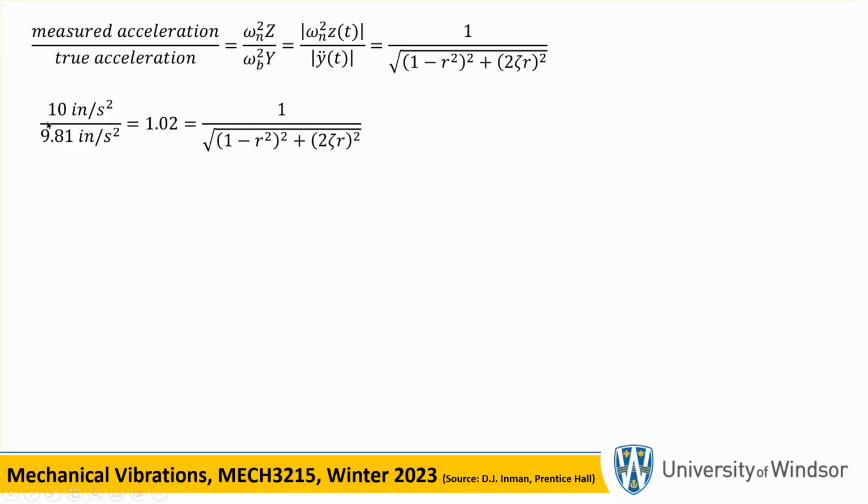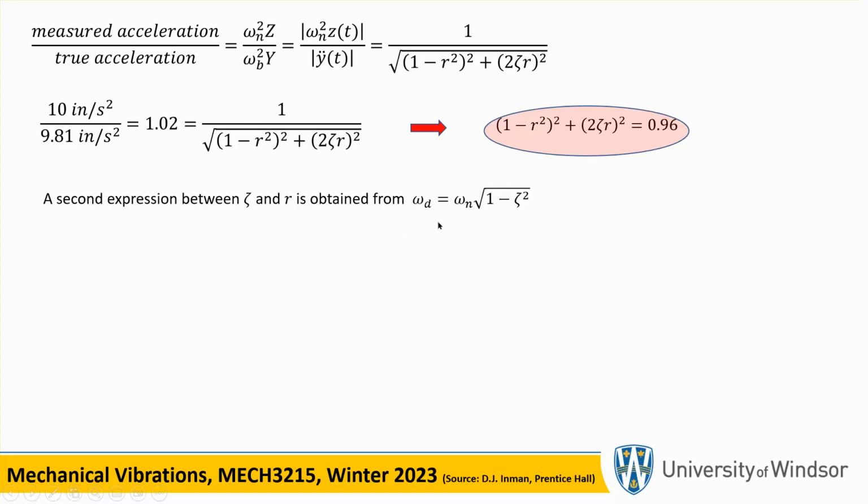If we pretend that this is the true acceleration, then this ratio, which is 1.02, is equal to the right-hand side. Now we have one equation here, but there are two unknowns, an r and a zeta. If you clean this up, you get 0.96. But we need one more equation between zeta and r in order to solve this.